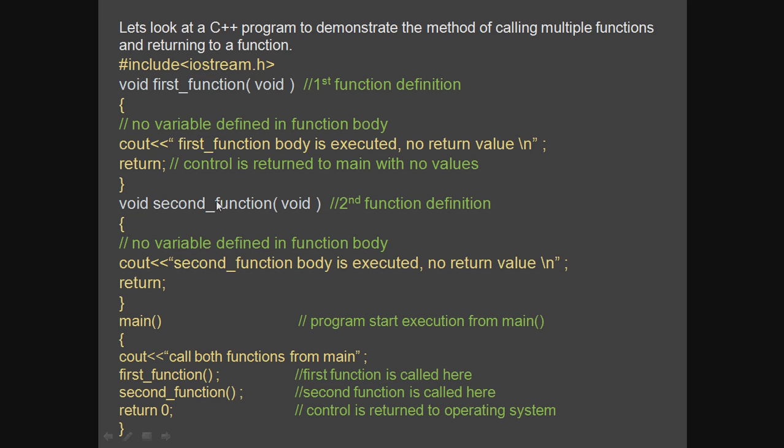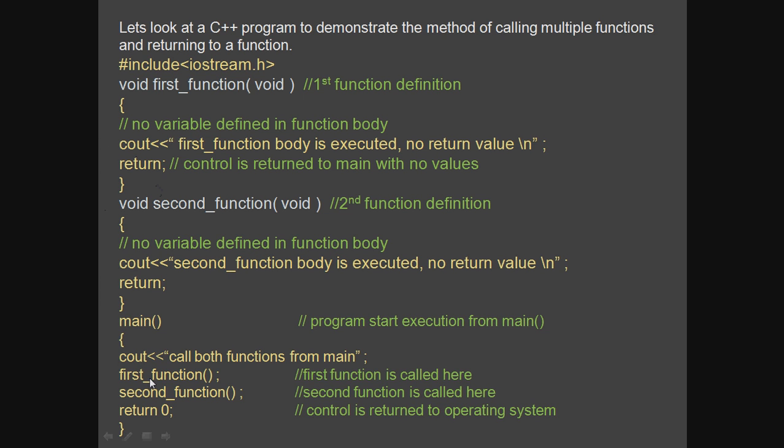Clear? So you can see from this program that you can have as many calling functions as you want in the main function, and then you can have as many call functions also. The purpose of a call function is that it is written outside of the main function, because it has its own function body to execute.